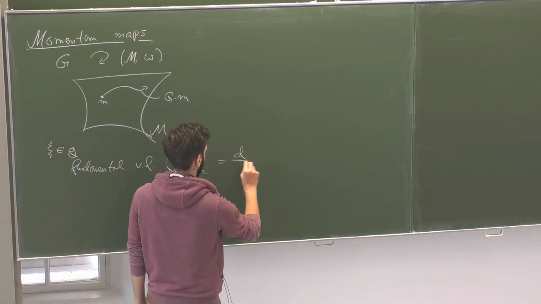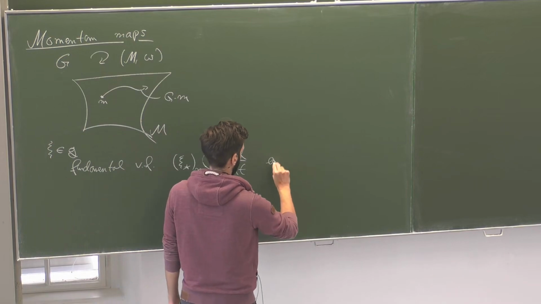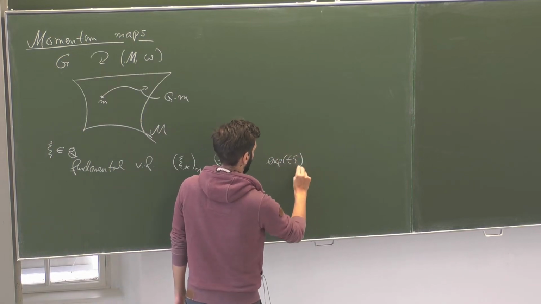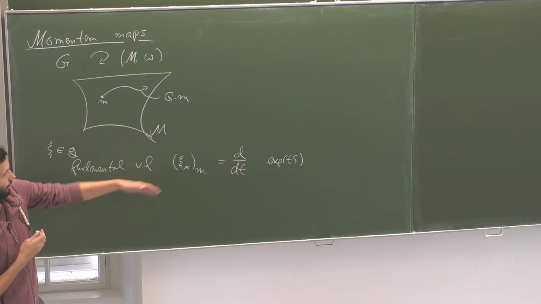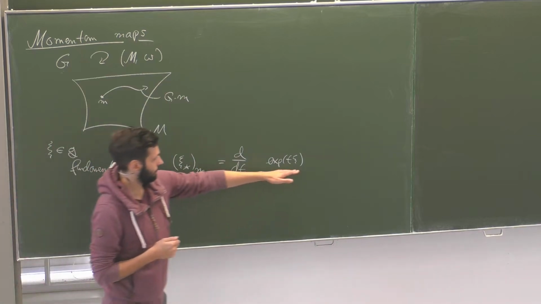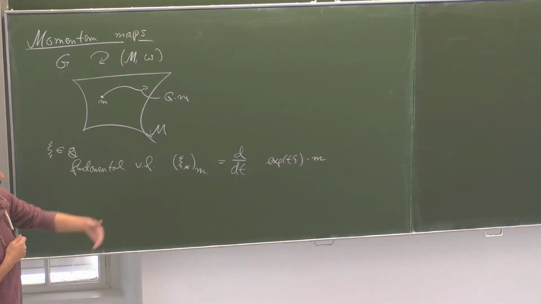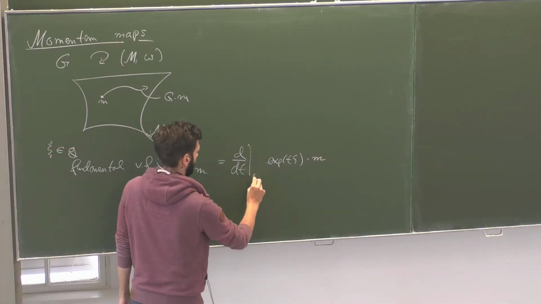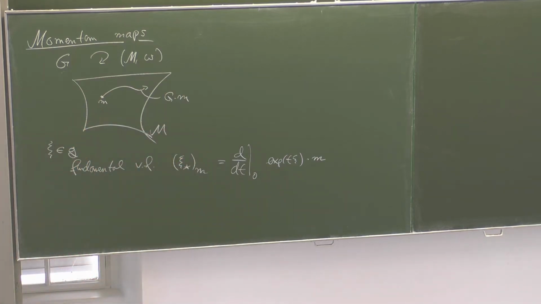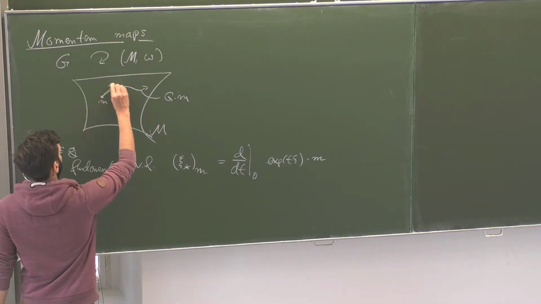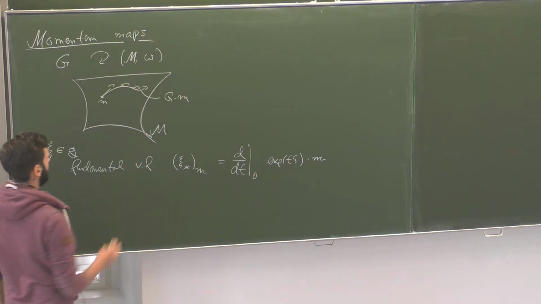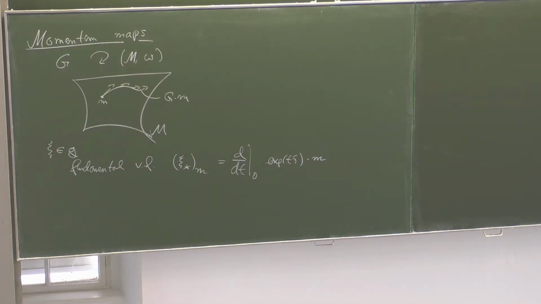So what we do is we move a little bit in the direction of the orbit with the exponential map, and then we just take the derivative. In this picture, the fundamental vector field is just the vector field along the orbits. So at each point, you get a vector along that orbit. So that's the infinitesimal action that you get induced.